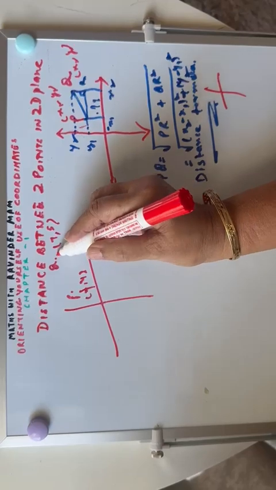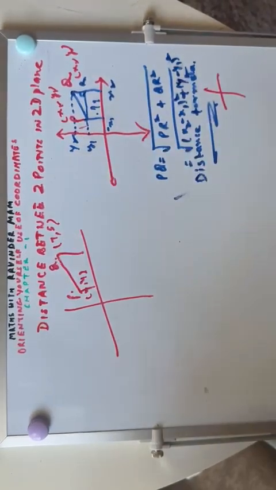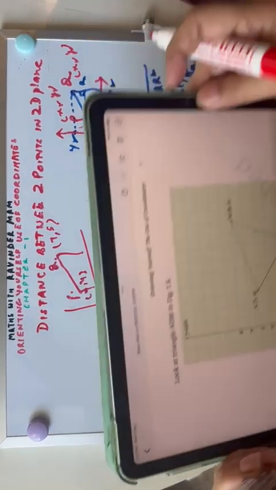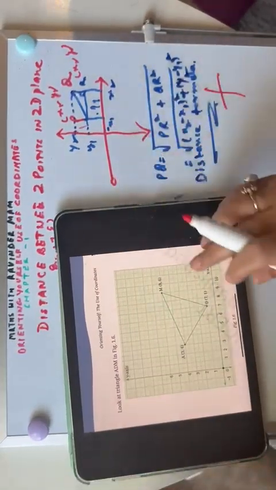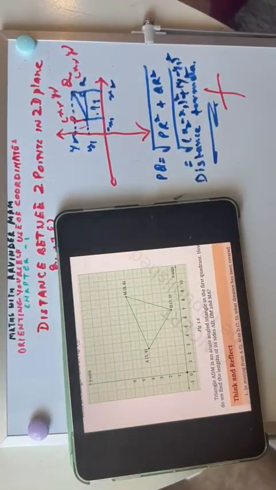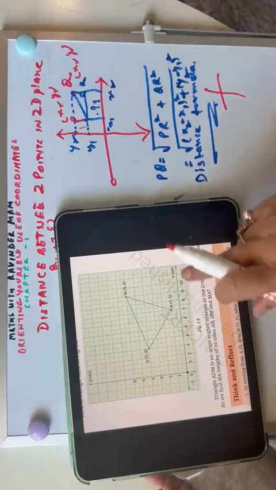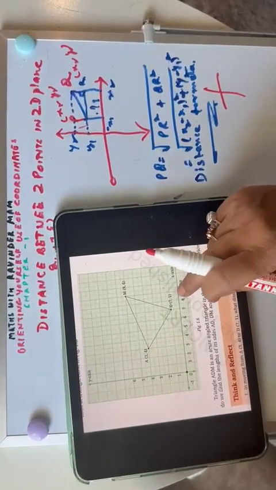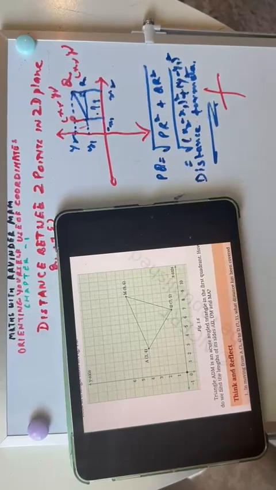Suppose we have to find the distance. Let me take the example from the book. These points could be any. Here you have to find the distances AM, AD and DM. So if you have to find the sides of the triangle, again you will find this distance.